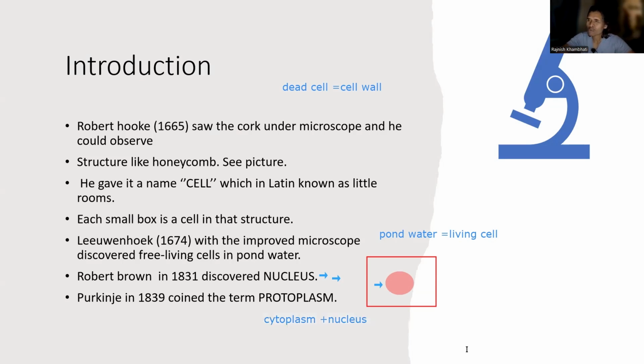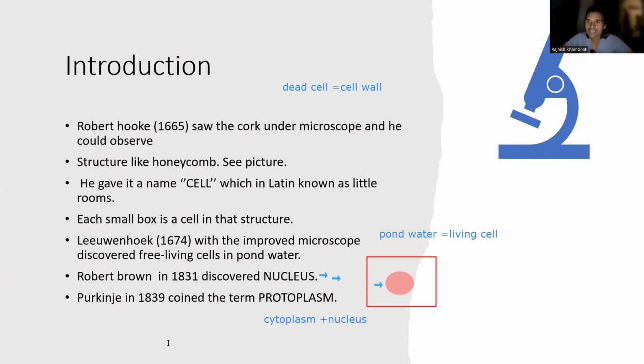So basically, protoplasm includes all the membrane-made structures, made of lipids, proteins, carbohydrates, and the membrane structure. That all comes under protoplasm. This is the introduction of the chapter.